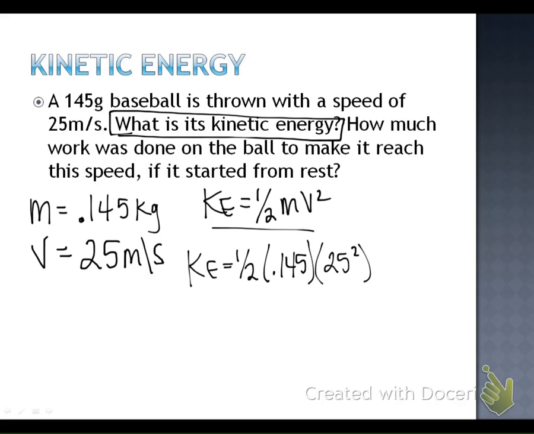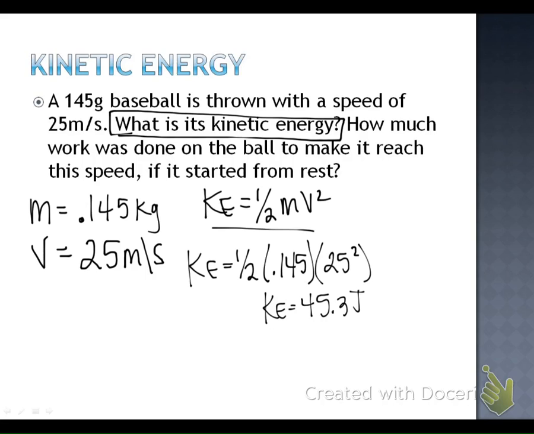What did we get for our kinetic energy? 45? 44 point something? 45.3. And what's our units? Joules. Good.